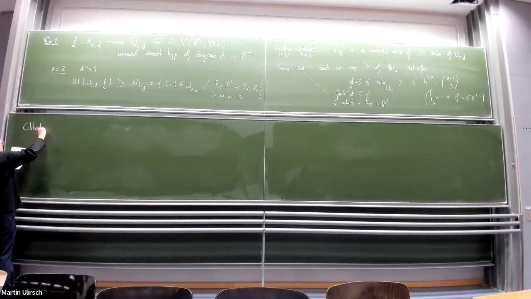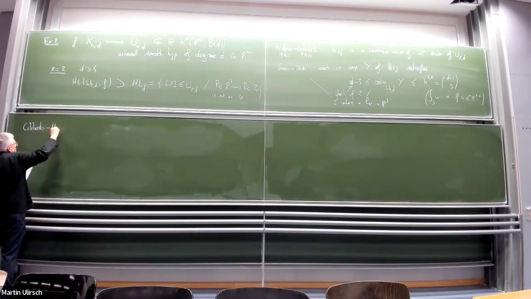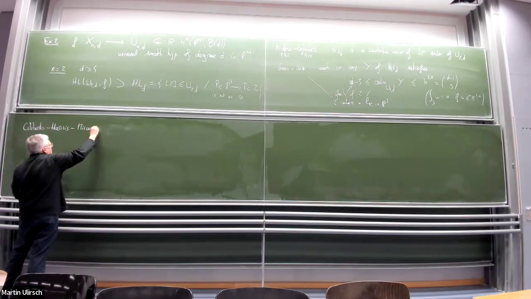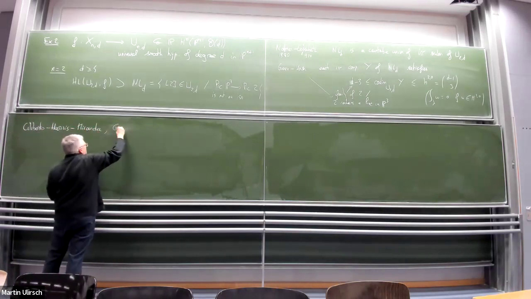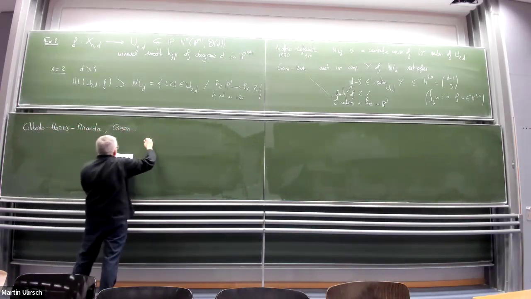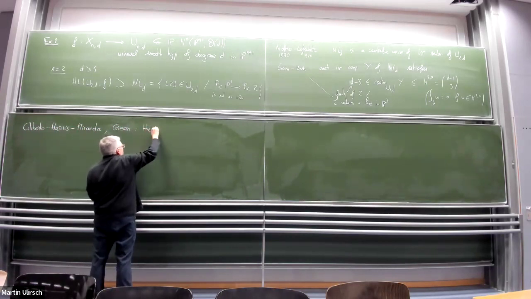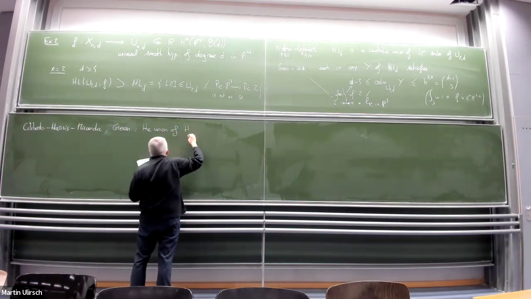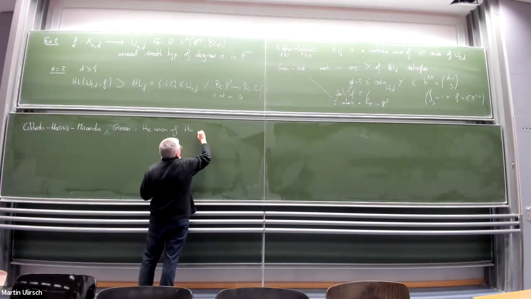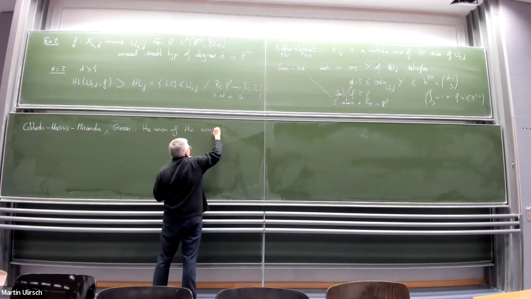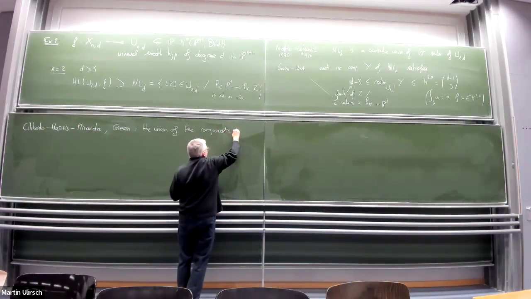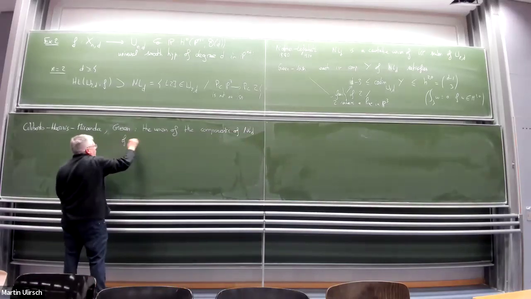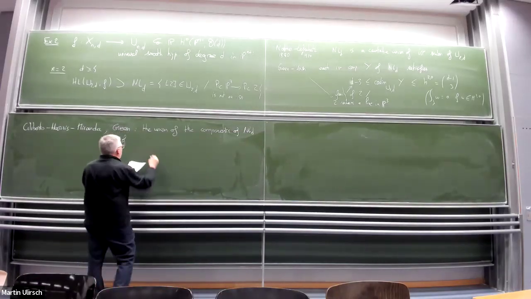Let's go and look at Gilberto, Harris, and Lambda. And then there is a better result by Mark Lane that tells you that actually the union of the components of expected codimension in each is dense.